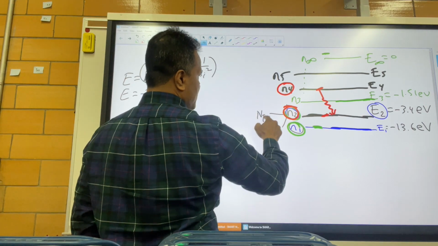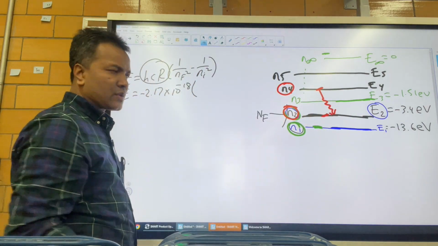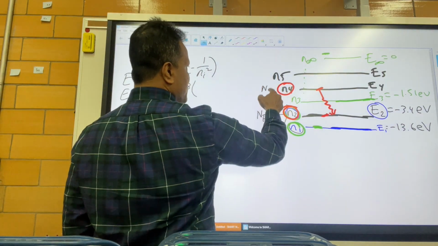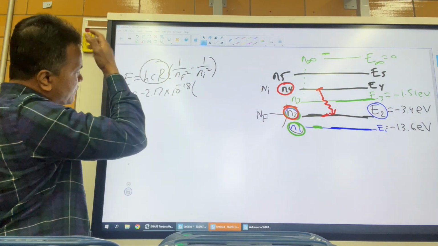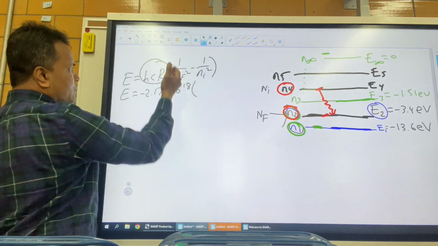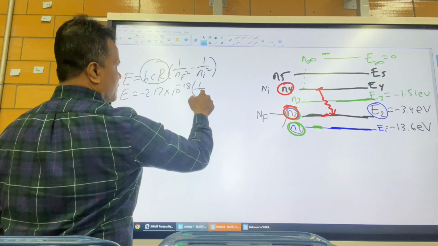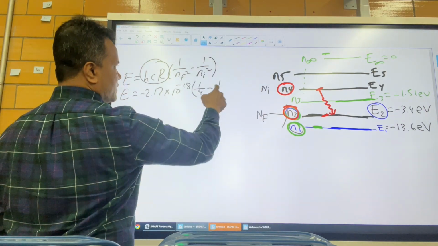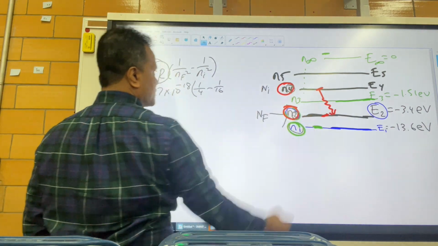Why? Because this is where the electron settles. This is Ni because this is where it's jumping from. Okay, good. So you have 1 over 4 minus 1 over 16, because this is 4 and this is 2.